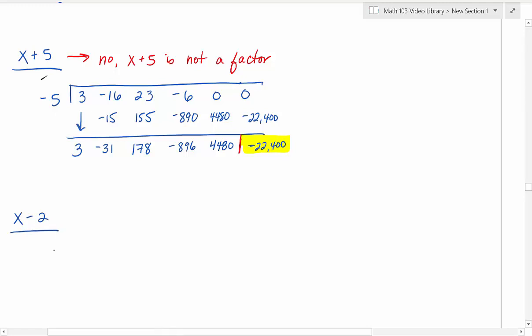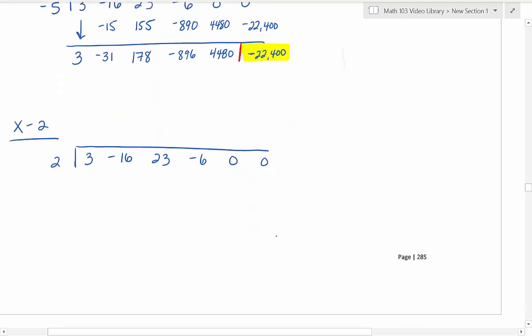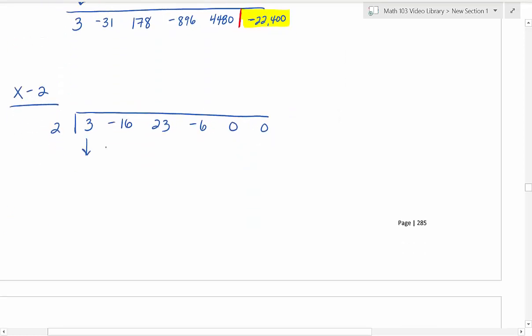Setting up our synthetic division, that's a positive 2 on the outside, and our coefficients underneath. Still needing the two placeholders at the end. Now we divide.